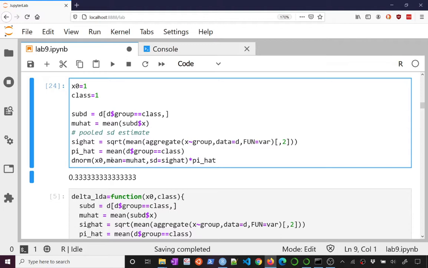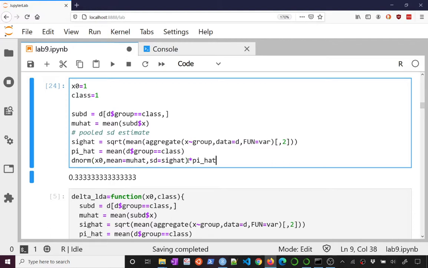And once I have those estimates, my LDA delta function, my discriminant function, was of course just this Bayes probability, right? It was a certain probability. And I can calculate that with dnorm. So that gives me the density of a normal distribution at the point I want to predict, with a mean of my mu hat and a standard deviation of my sigma hat.